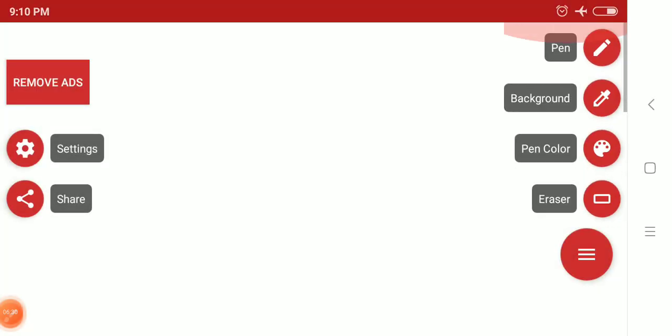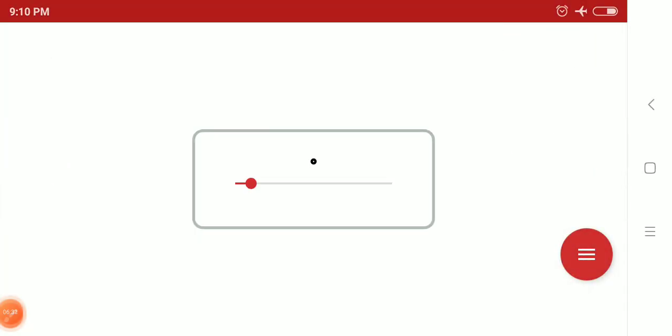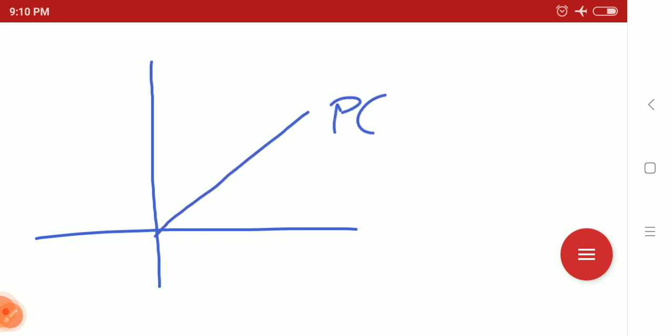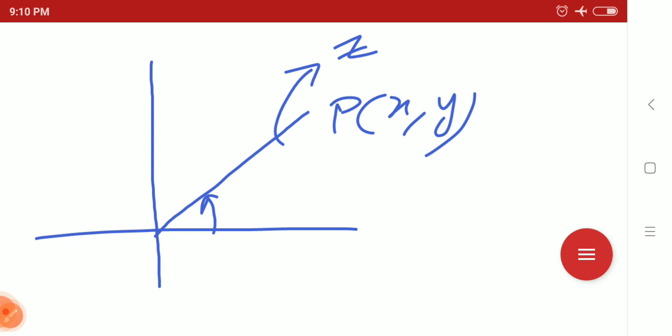Whenever we discuss what a multi-valued function means, suppose you are drawing a complex Argand plane. Here is a point (x, y); it is z, a complex number. Suppose it is making an angle pi by 4.